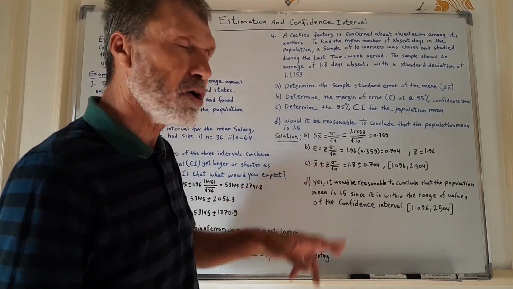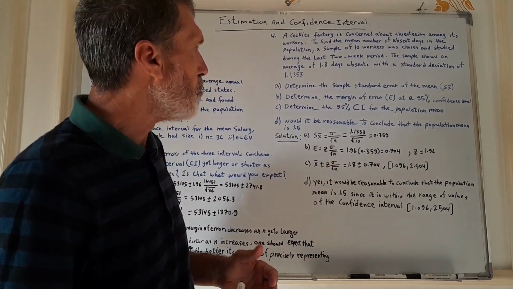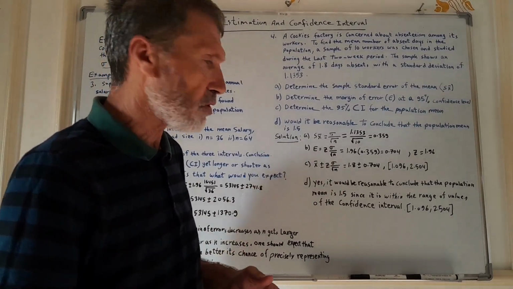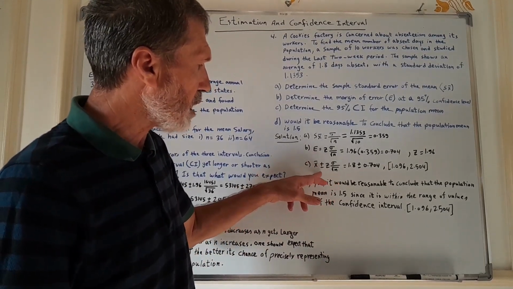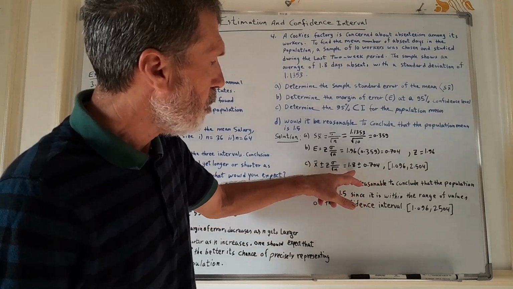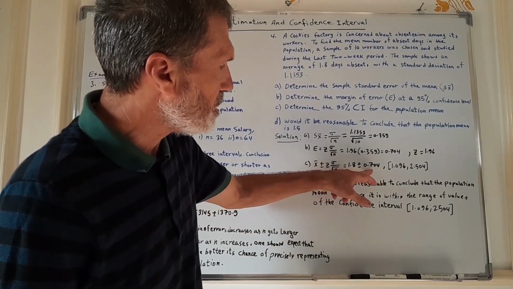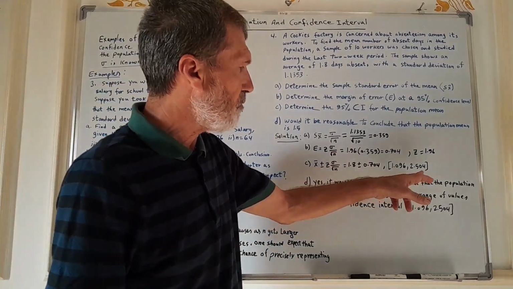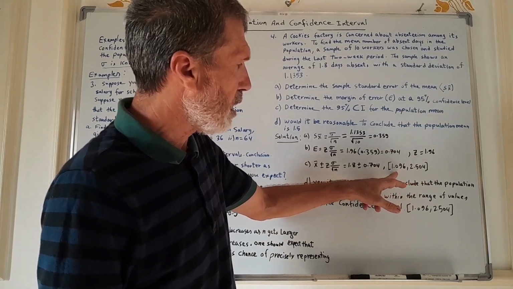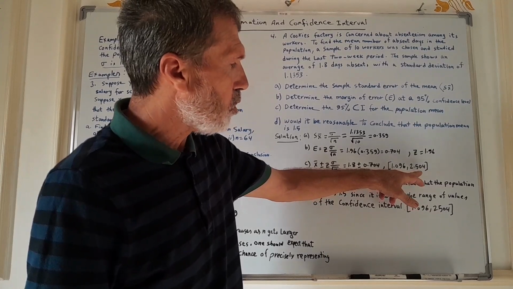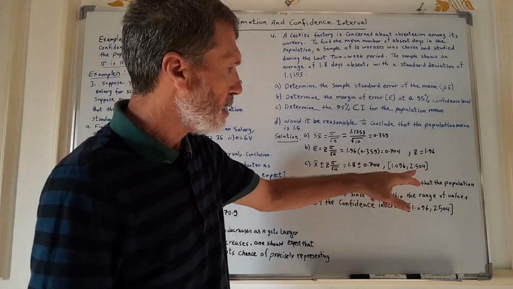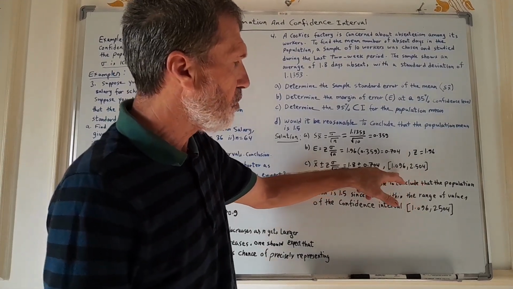Z times sigma over radical n is the margin of error, which we calculated in part B. So plug in the values and we come up with 1.8 plus or minus 0.704. And so we have the range: the lower limit 1.096 and the upper limit 2.504. This is the confidence interval.